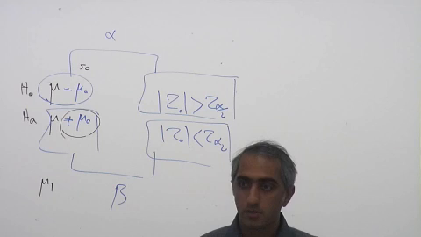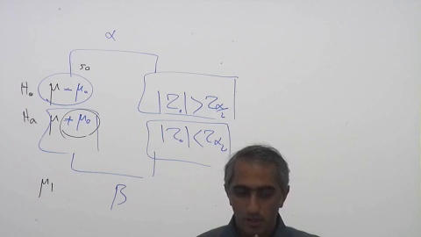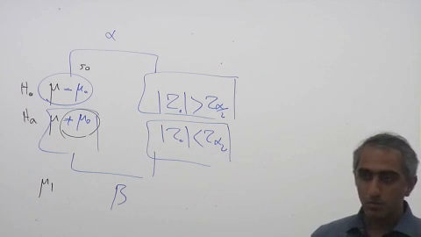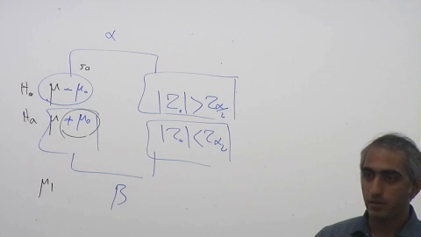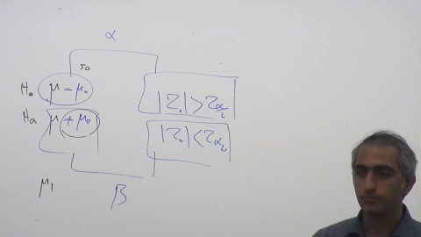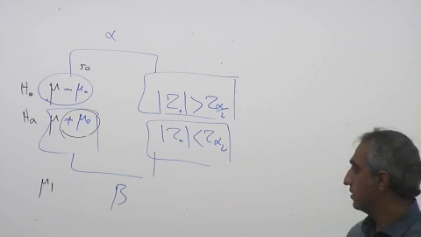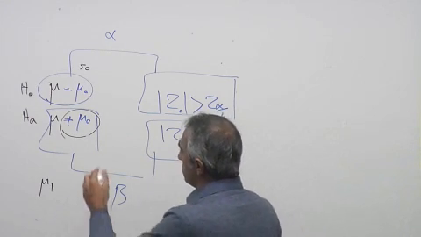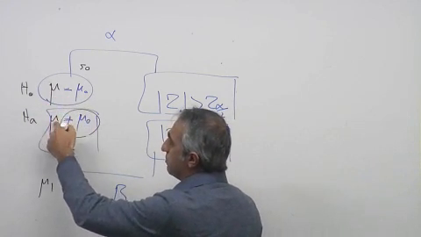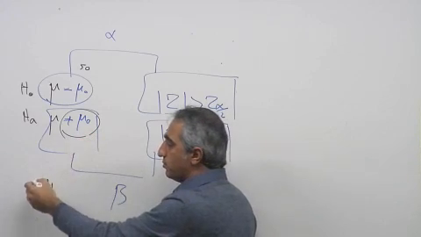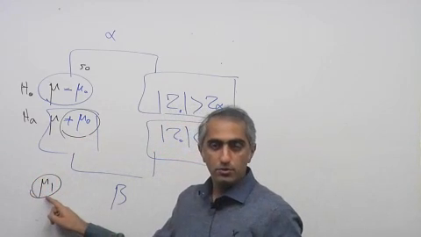Now let me ask you a question. Do you remember I told you we could have different values for beta? Why is this the case? Exactly. So I said mu is equal to mu 0. Mu is not mu 0. It could be any number. So your mu 1 could be any number.